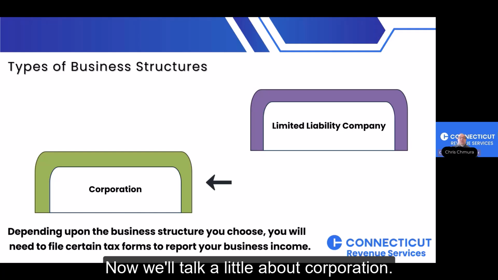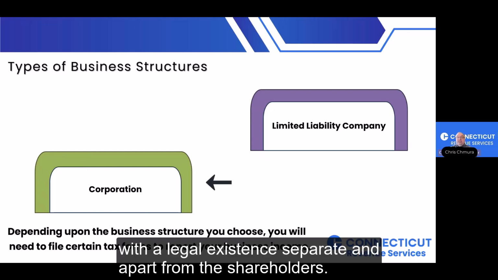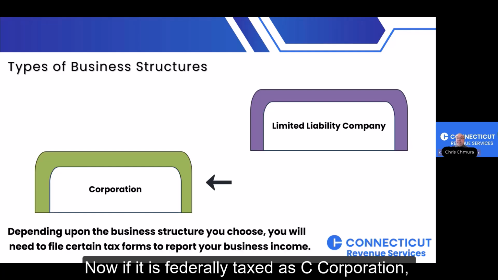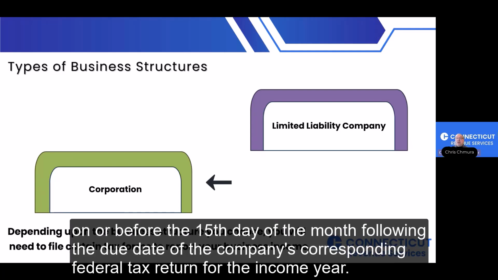Now we'll talk a little about corporation. A corporation is created under state law with legal existence separate and apart from the shareholders. Now, if it is federally taxed as a C corporation, you must file a Form CT-1120 with the DRS on or before the 15th day of the month following the due date of the company's corresponding federal tax return for the income year.